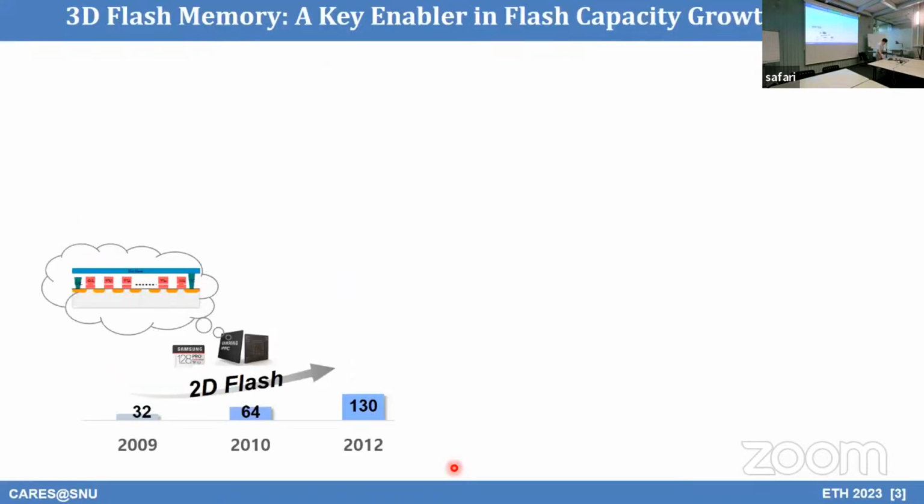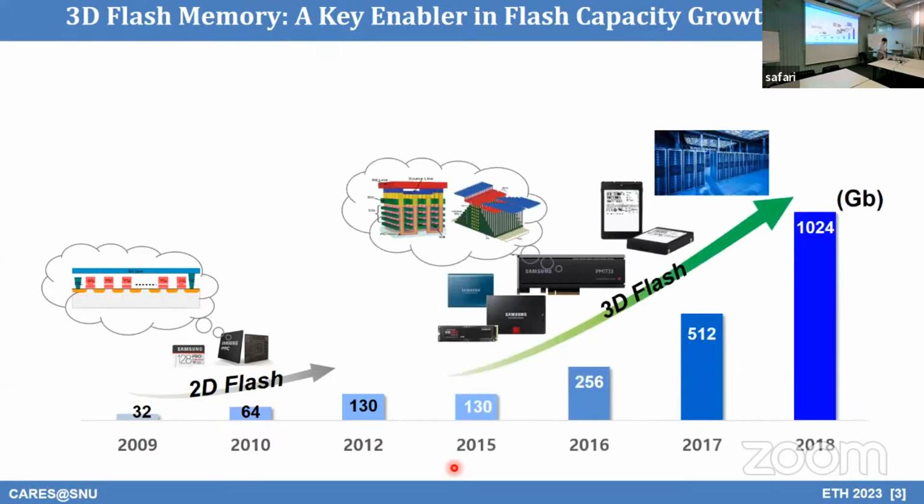Okay, so let's go back to today's topic. It's mainly on 3D flash memory. As you're very familiar with already, when 2D flash reached its capacity limitation, we switched to 3D flash memory. 3D flash memory enabled continuous storage growth, so we can put more data into a smaller device. When we made the transition from 2D flash to 3D flash, my group looked into some basic questions about these changes.